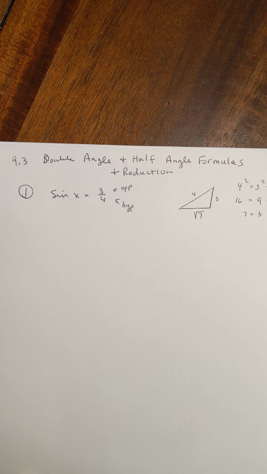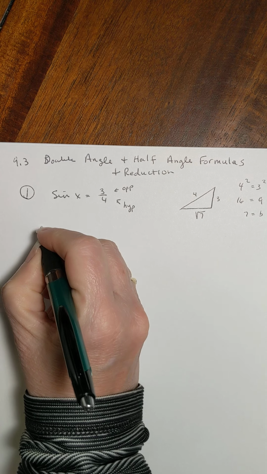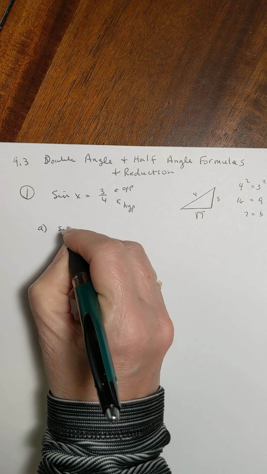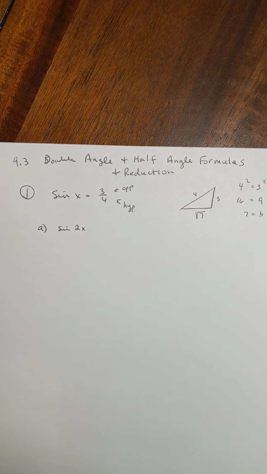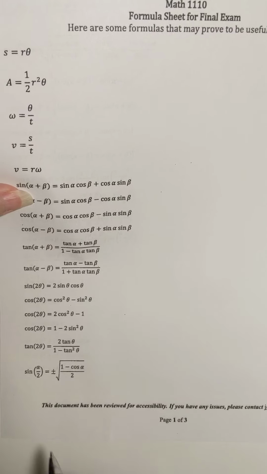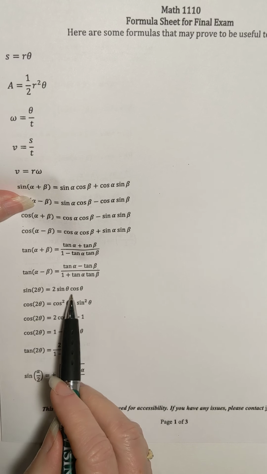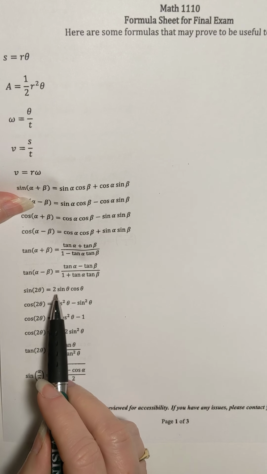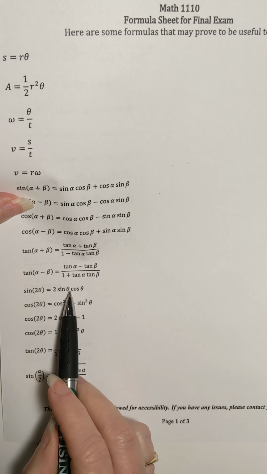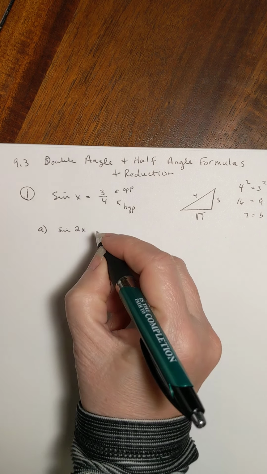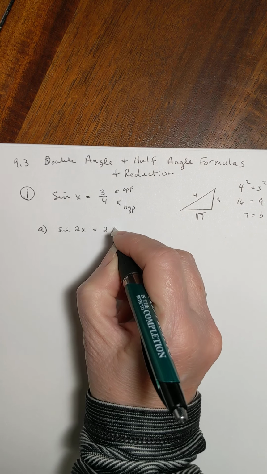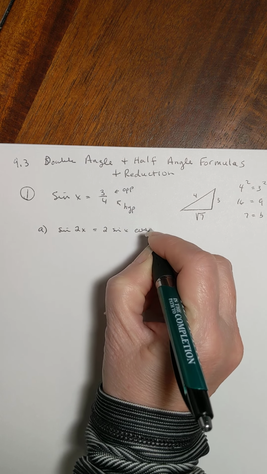All right, so now they want you to find the sine of 2x, the cosine of 2x, and the tangent of 2x. So first of all, the sine of 2x. So I just look on my formula sheet, and the double angle formulas are here. So the sine of 2x only has one possibility. Sine of 2 theta is 2 sine theta cosine theta. So this is going to be 2 sine x cosine x.